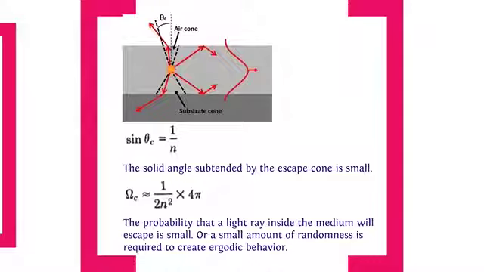And then we have 1 over n squared. 1 over n is the sine, and roughly, solid angle is almost always sine squared. I'm hand waving here. We can prove all this, but you can think about it conceptually. Solid angle is two dimensions of the regular angle, so you square it, sine squared, so that's 1 over n squared. So this is 1 over n squared times 2 pi.